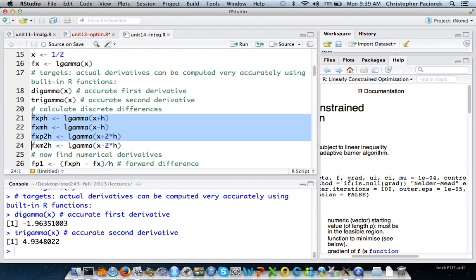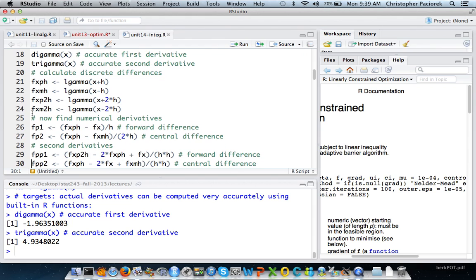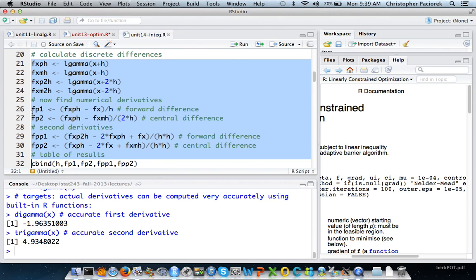I'm doing plus and minus h, plus and minus 2 times h for components of the second derivative calculation. Then I'm doing the forward difference and the second difference for both the first derivative and the second derivative. So I'm just implementing all of that stuff that I had in the notes, in a vectorized fashion for all of those different values of h that I strung out: 0.1, 0.01, 0.001, et cetera.